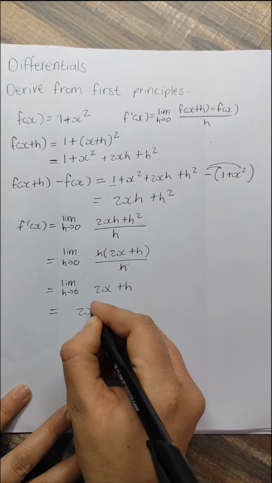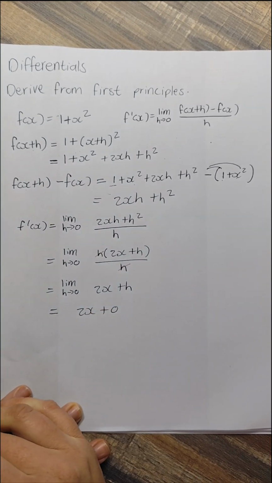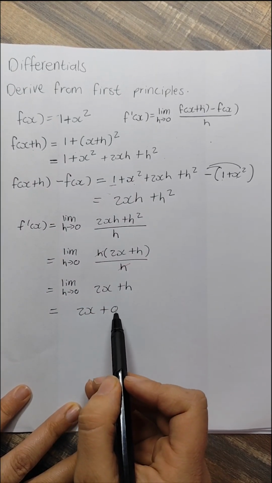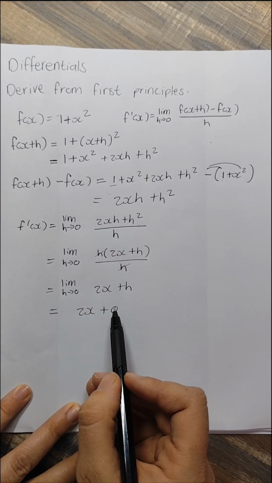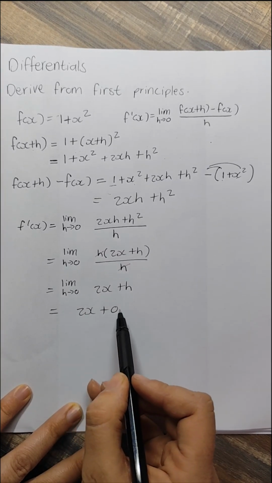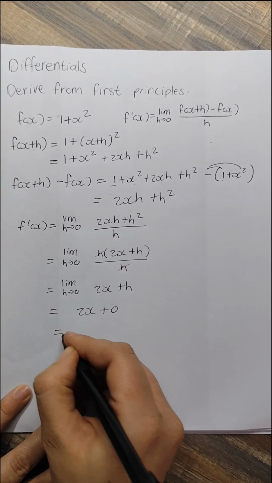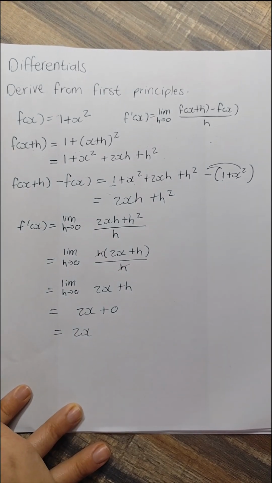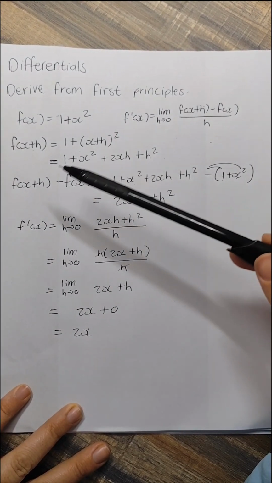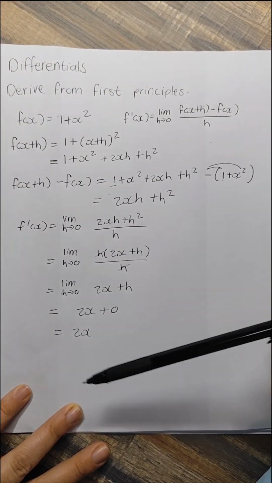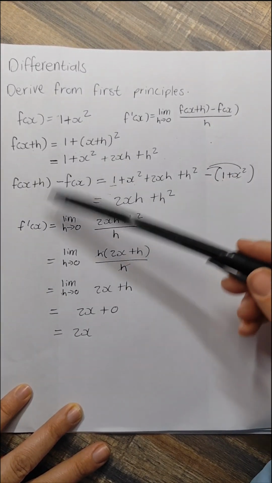So this is now just 2x + 0. And what happens in this case is that the h falls away, plus 0, and we are just left with 2x. So this is deriving from first principle, the long method to do it.